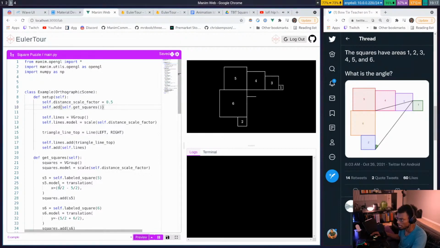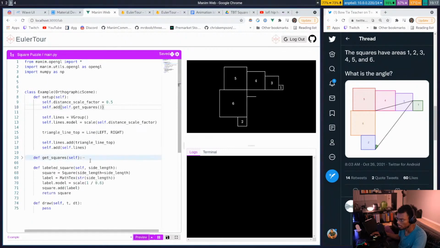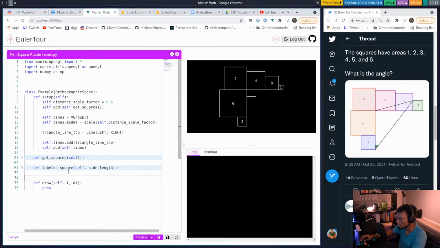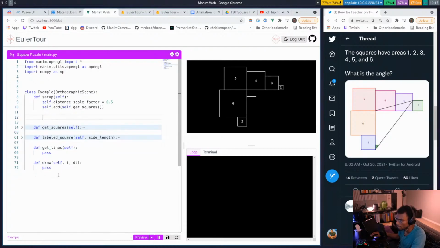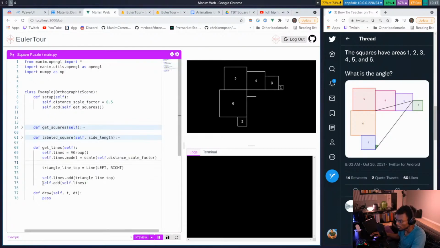Great. I'm going to do something similar with the lines. Def get lines, something like that. I'll just copy this for now and return it. And I can do self.add, self.get lines.